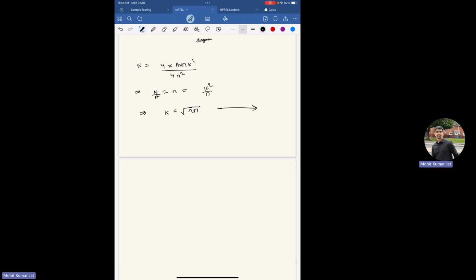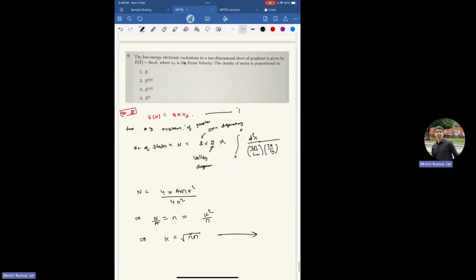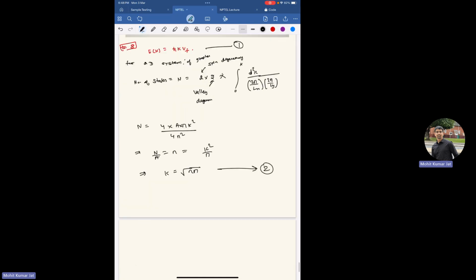So this is my equation number 1, which is given in the question, and this is my equation number 2.